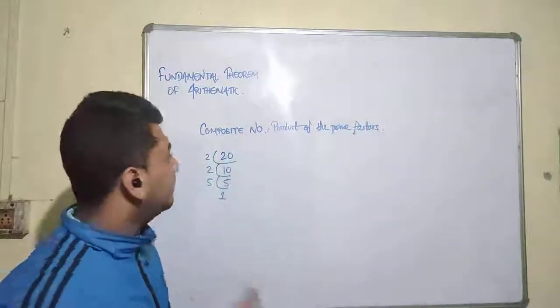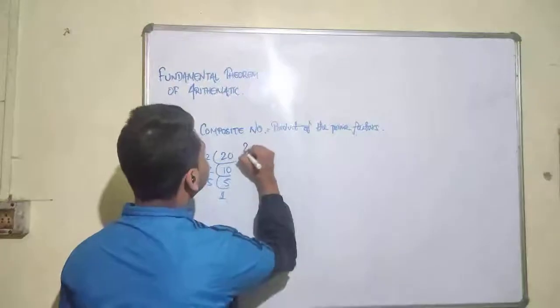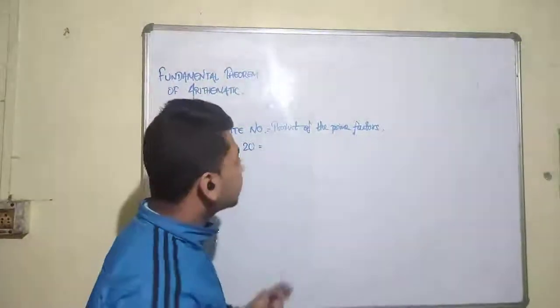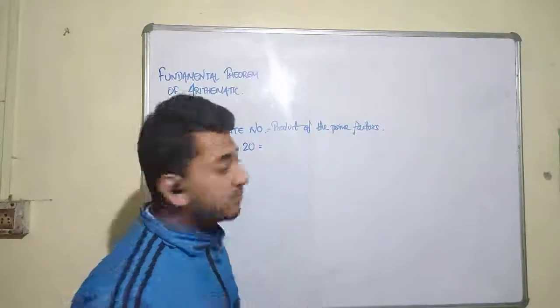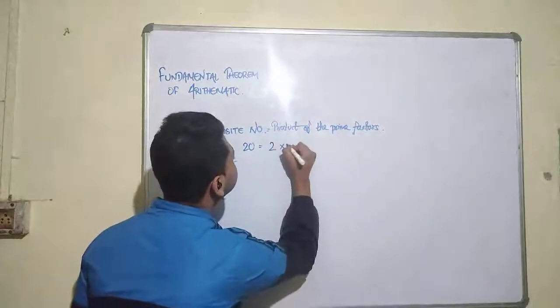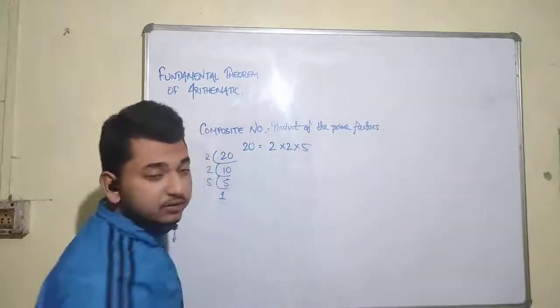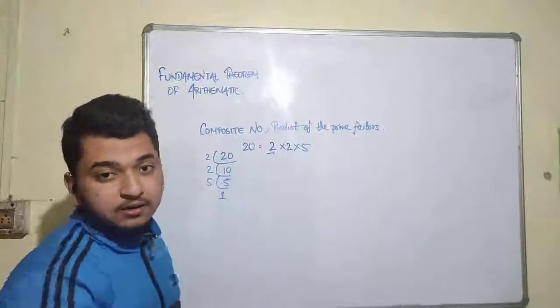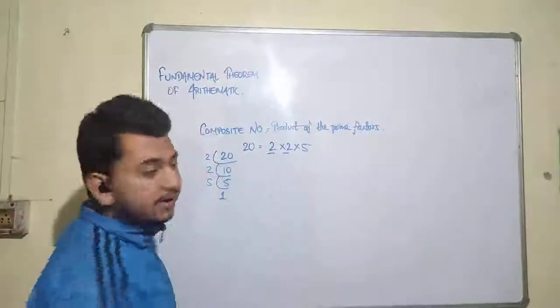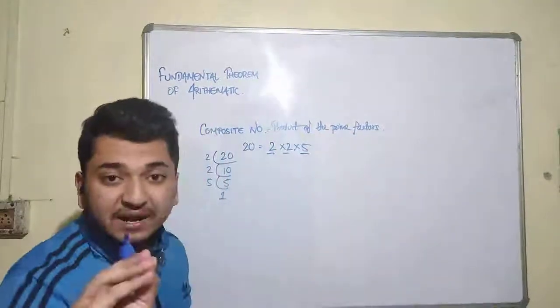So now the composite number is 20. So 20 can be expressed as a product of prime numbers, that is 2 into 2 into 5. So 2 is a prime number, 2 is a prime number, and 5 is also a prime number.